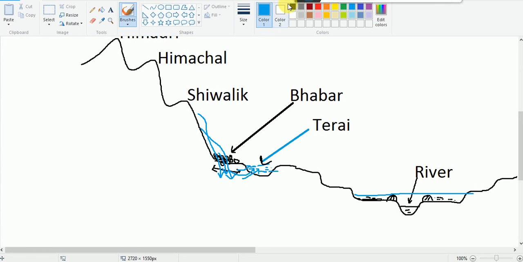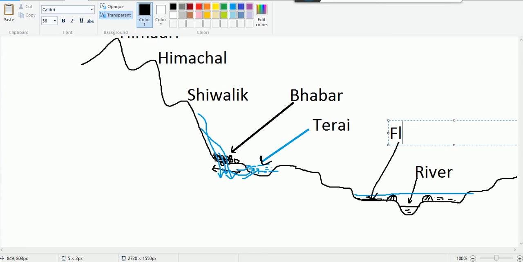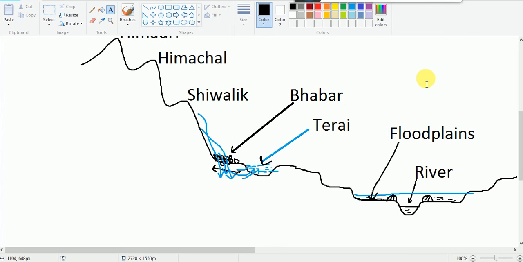So remember, this low-lying area nearby the river bank is known as floodplains. And so in the floodplains you'll find this khadar.